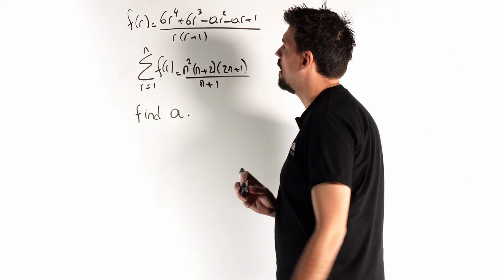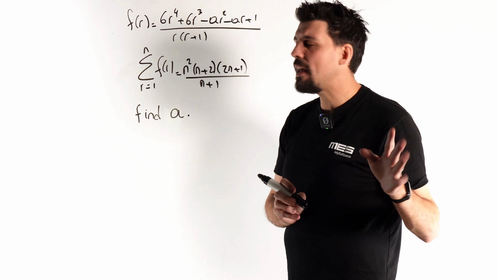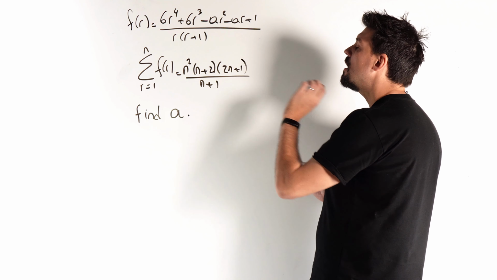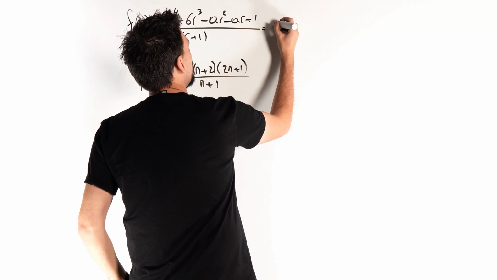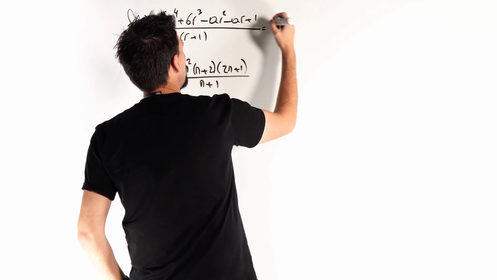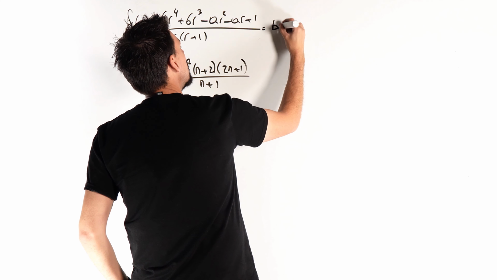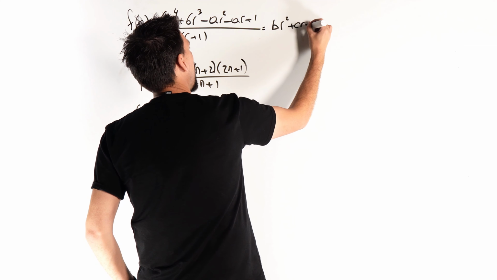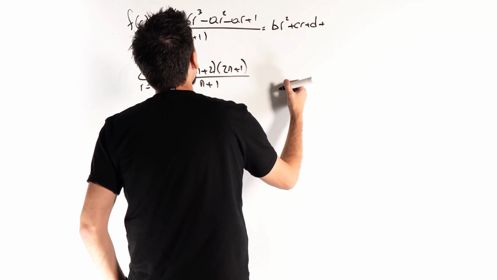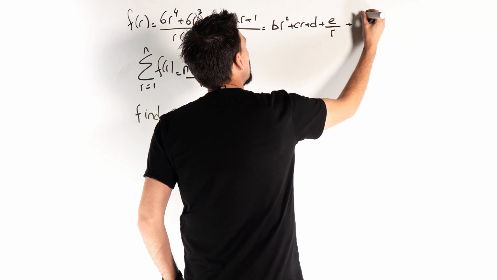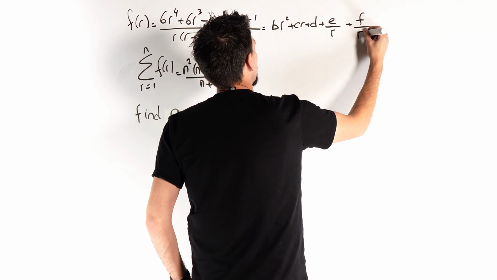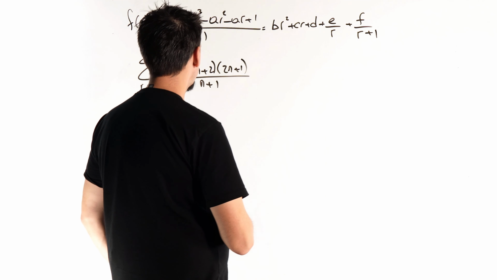You could try and do the long division. Personally, I know what I'm going to use: I've got a quartic divided by a quadratic, so I should end up with a quadratic of some description. They've already used an a, which is great fun. So br squared plus cr plus d, plus I'll get something over r plus something over r plus 1.